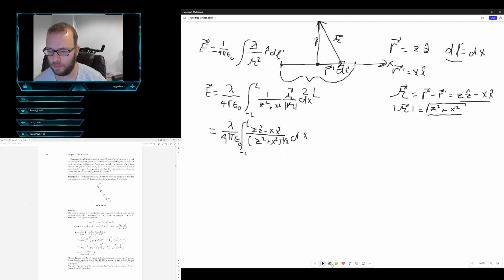So now we have equation for z, equation for x, because remember, we integrate along x. We can break up this integral into two integrals, z hat over this term minus x hat over this term dx.